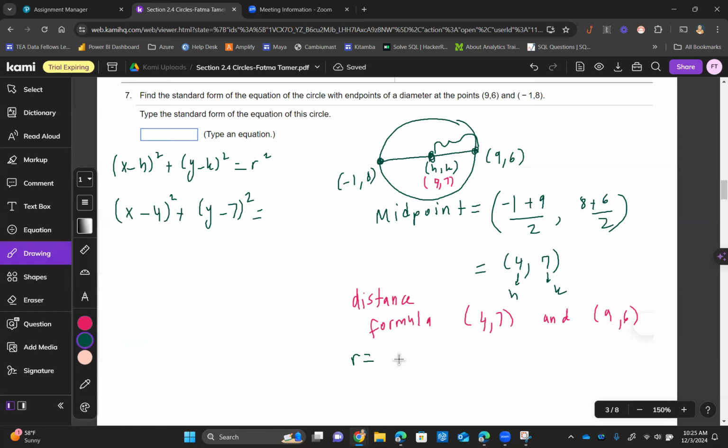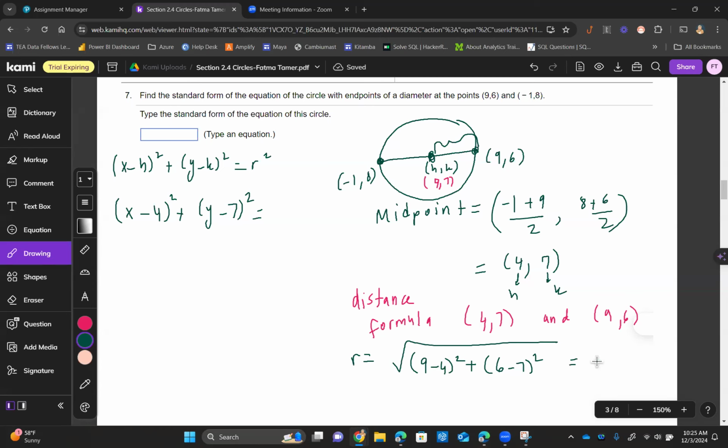The radius will be the distance between these two points. And the distance formula is the square root of (x₂ − x₁)² plus (y₂ − y₁)².